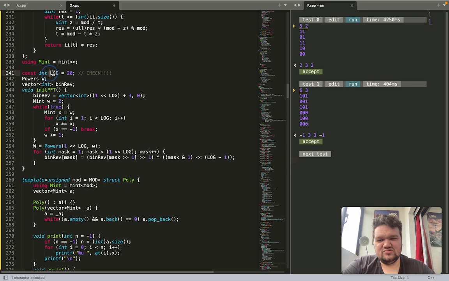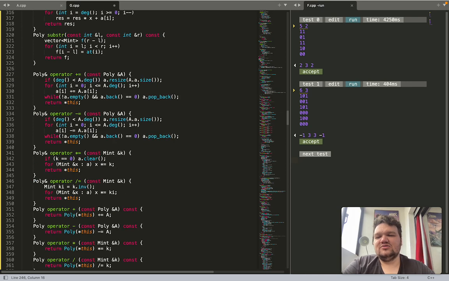So 2 to the power of log should be greater than the maximum degree the resulting polynomial can have. So I will reverse A and then just multiply those two. Looks okay to me. The degree will be up to 1,000,000, which is smaller than 2 to the power of 20.